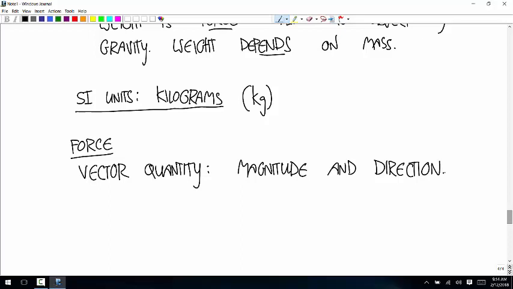You can apply the same force, like I can apply a force up on the table or down on the table. They can have the same magnitude, but they're different forces. And you can just think of a force as the intensity of a push or pull on an object.